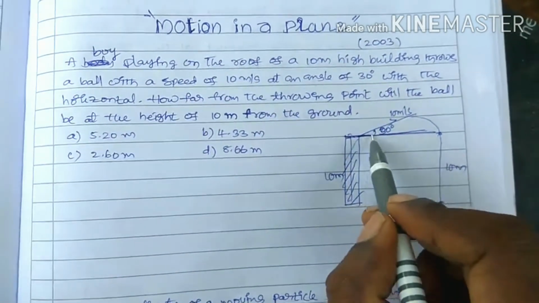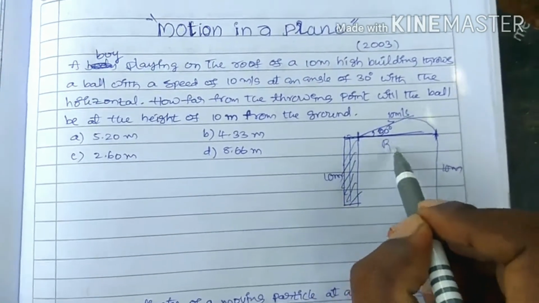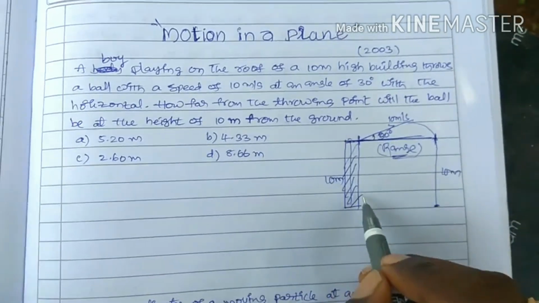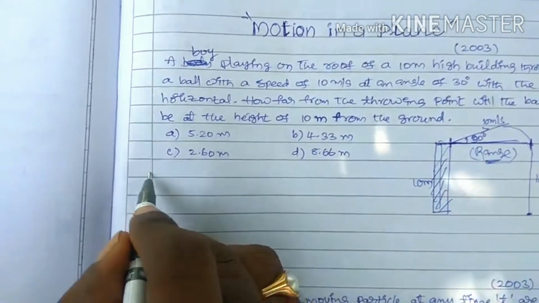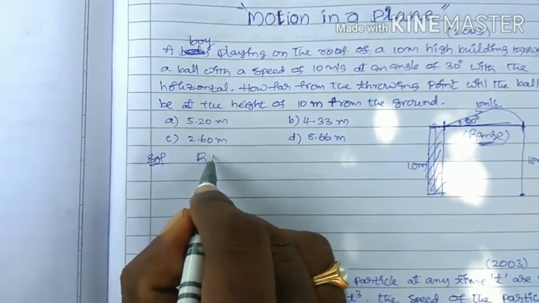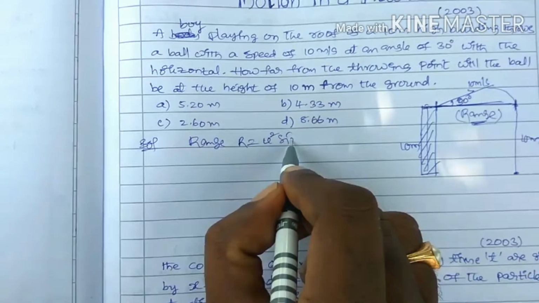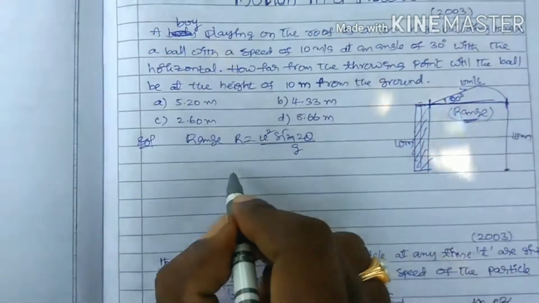So how much will the horizontal travel be? This is the horizontal distance, nothing but the range. So now we have to find the range. The formula for the range R is equal to u square sine 2 theta by g, where theta is equal to 30 degrees.